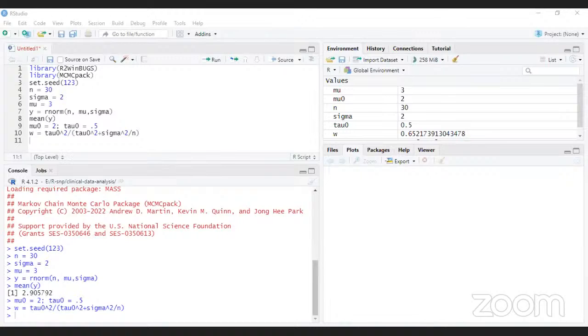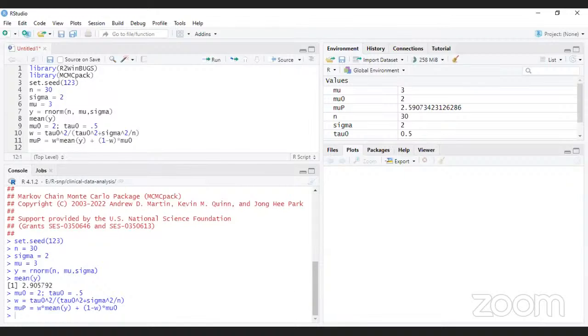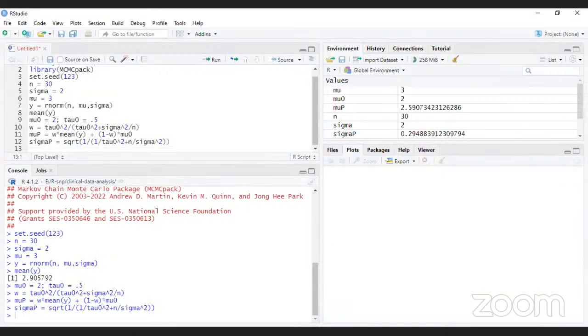Then take the posterior mean, and then the posterior standard deviation. Okay. Then you have to do the direct simulation of the posterior normal.